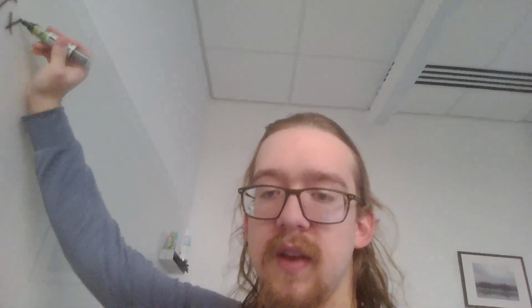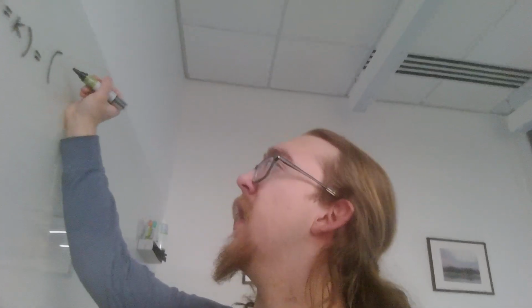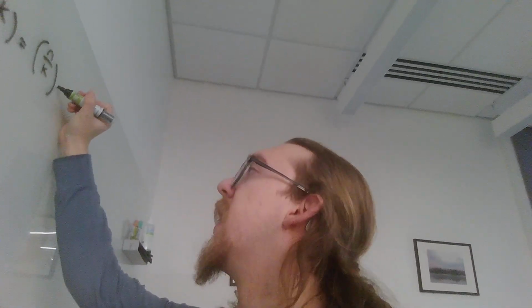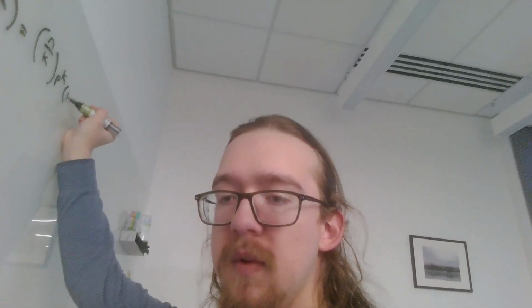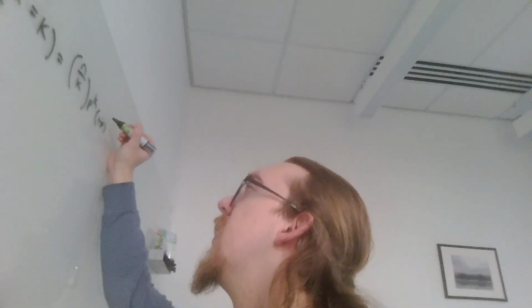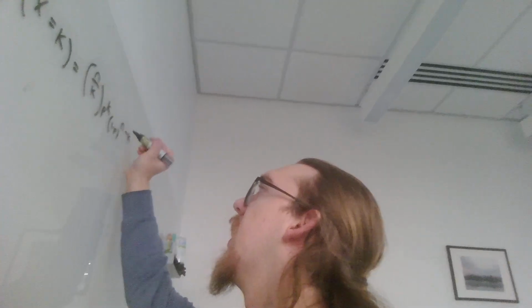So our formula is going to be P(X = k) = (n choose k) times p to the k times (1 minus p) to the n minus k.